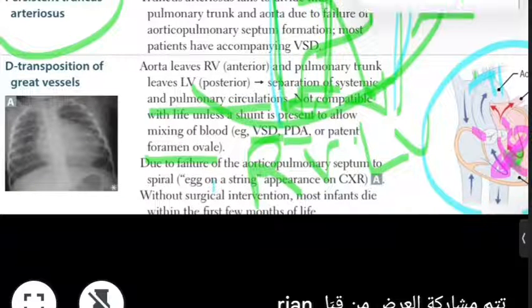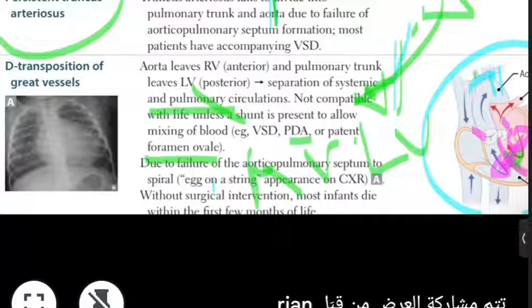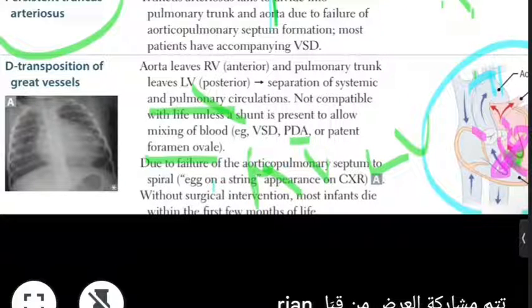Okay, so this defect is due to the failure of the aorticopulmonary septum to spiral. And on X-ray, you can see this like an egg on a string on the chest X-ray. If you order an X-ray for a cyanosed baby, you have blue arms, blue limbs, blue lips, blue mucosa in his mouth, and blue tongue and all of that.